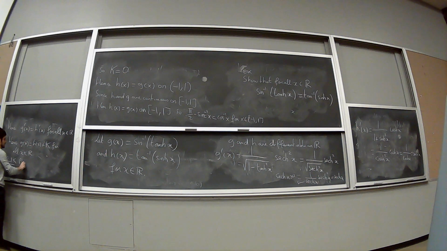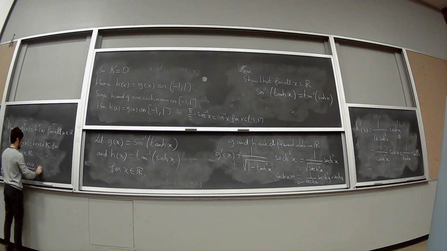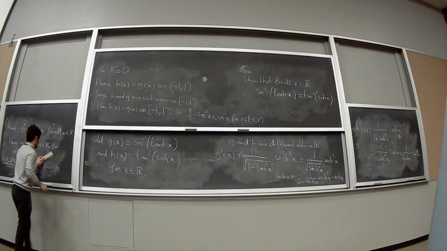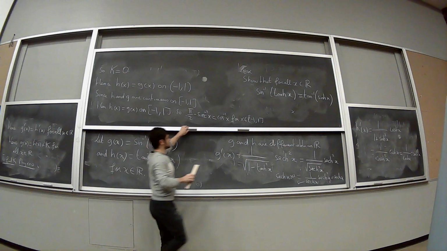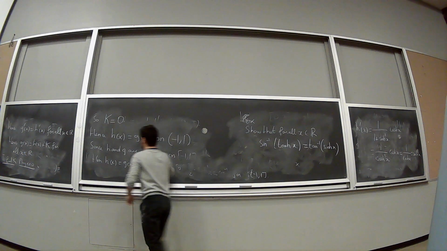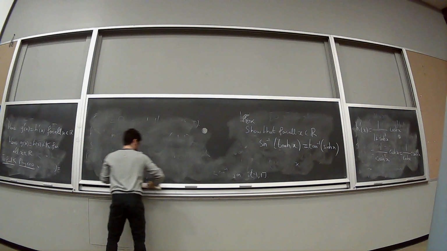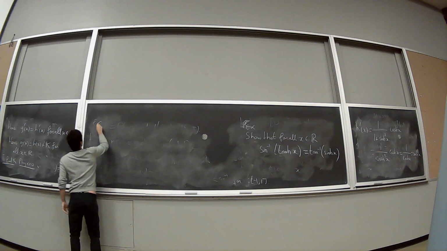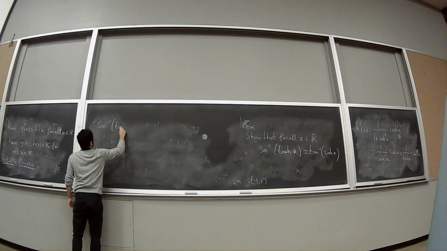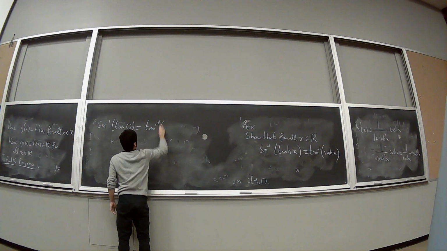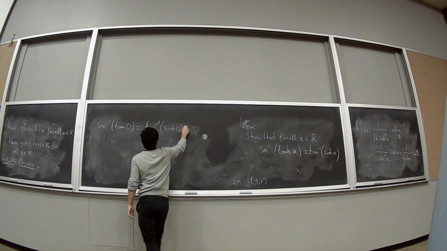Plug in x equals 0. What do you get? Sine inverse of tanh of 0 is equal to tan inverse of sinh of 0 plus k.